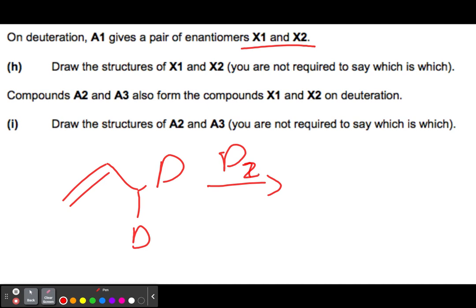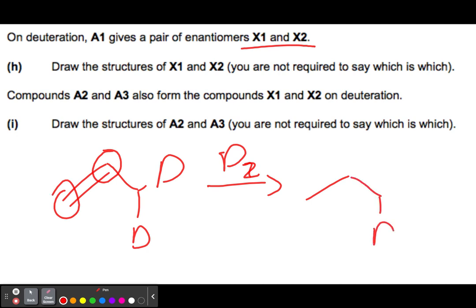And we're drawing it to give a carbon atom where there are 4 different substituents. And so the way we do this is it would have to be added on this carbon and this carbon over the double bond.